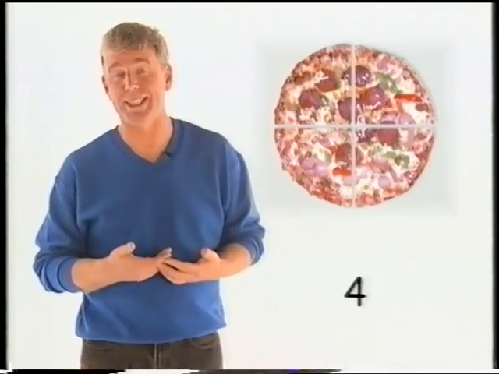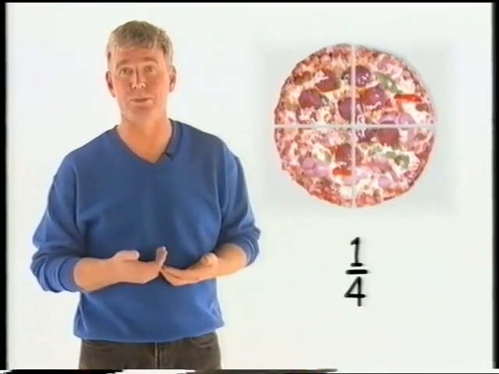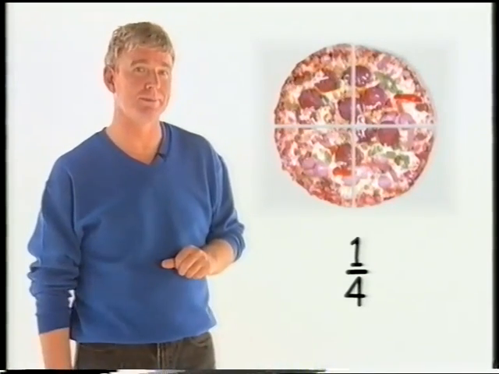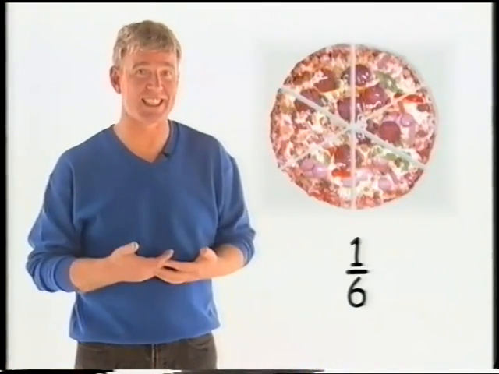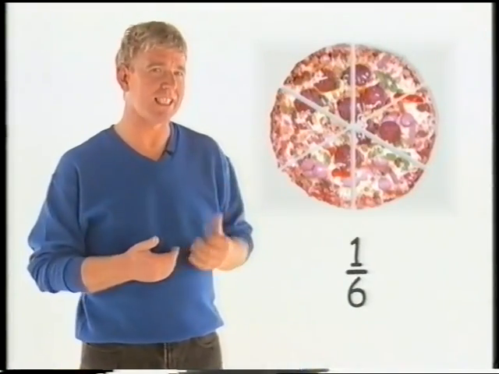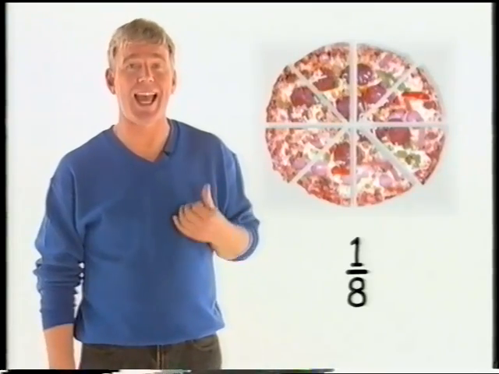This has 4 equal parts. Each portion is 1 part over 4, or a quarter. This one. Six parts, so each is a 1/6. What about this? This pizza has been cut into 1/8.